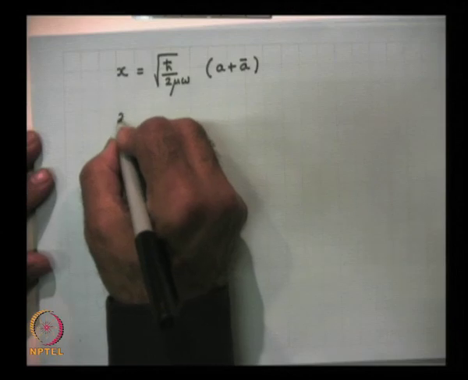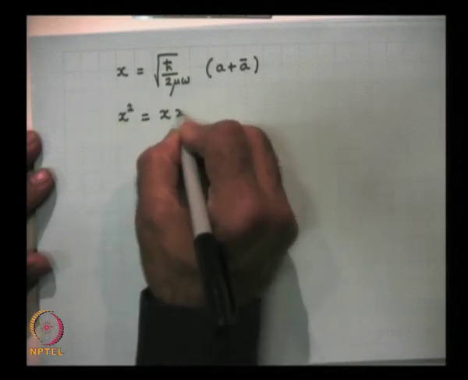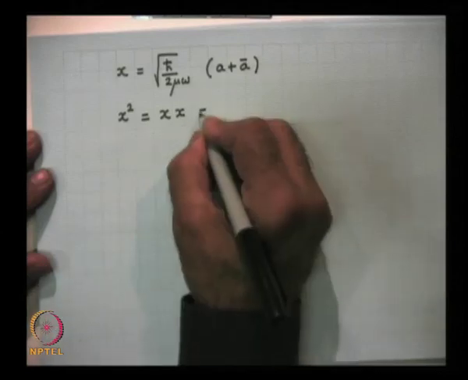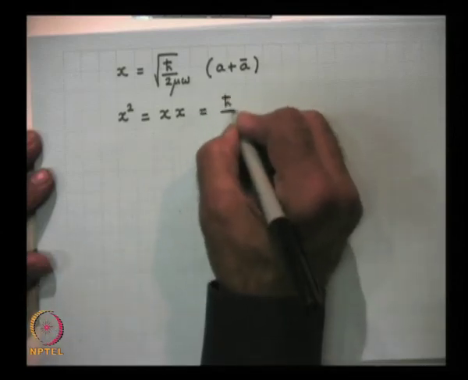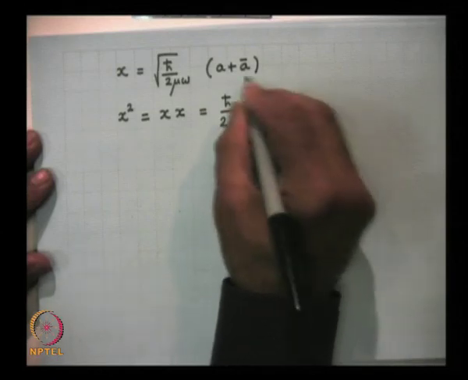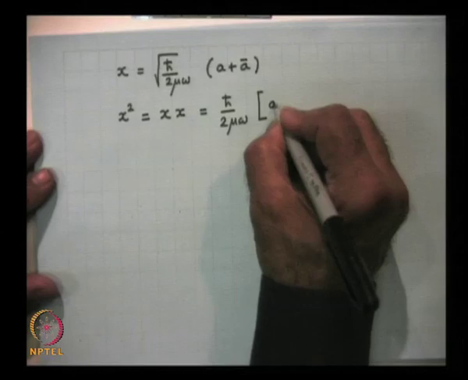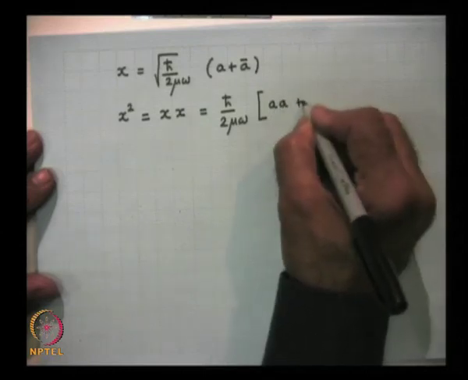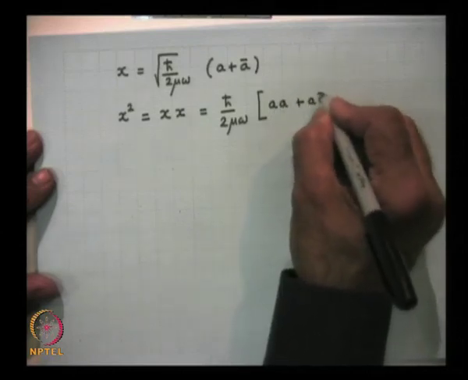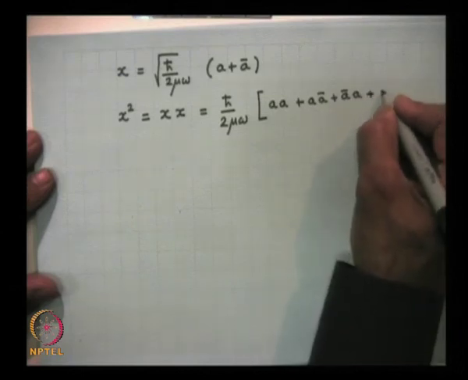So, x square, the square of an operator, is just x times x. So, this will be equal to h cross by 2 mu omega, a plus a bar whole square. So, we must keep the order. So, this will be a a plus a a bar plus a bar a plus a bar a bar.